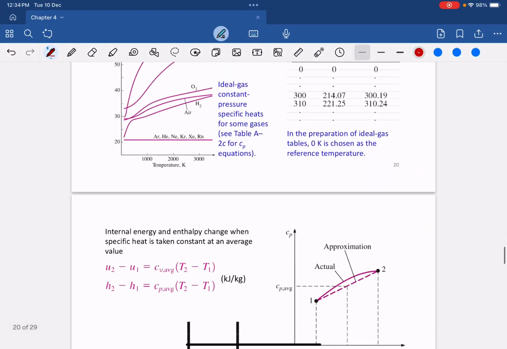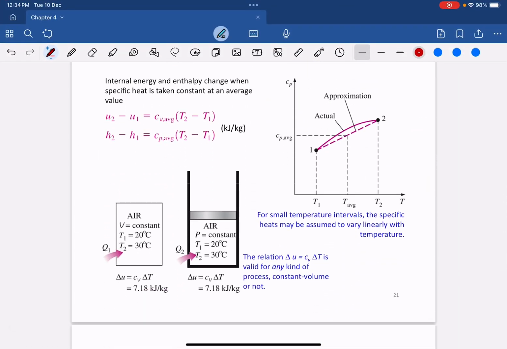Basically, internal energy and enthalpy change when specific heat is considered constant at some average value. In other words, we can calculate the change of internal energy and the enthalpy change using the specific heat capacity over the temperature difference, by assuming it is linear.